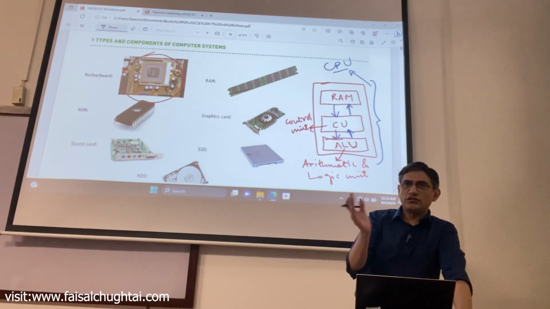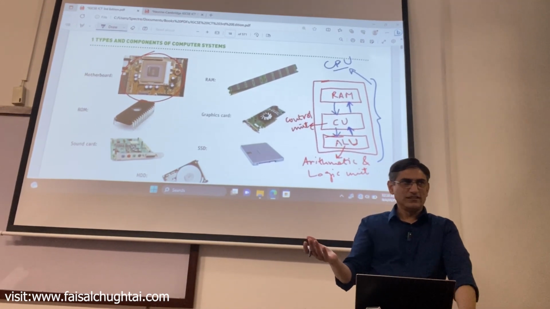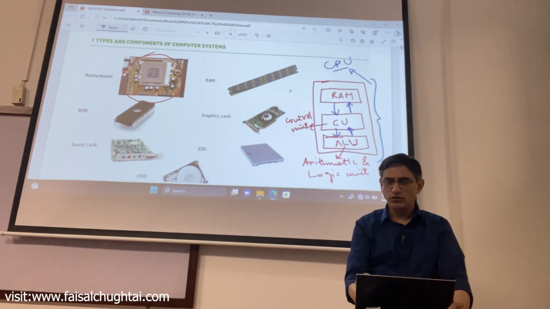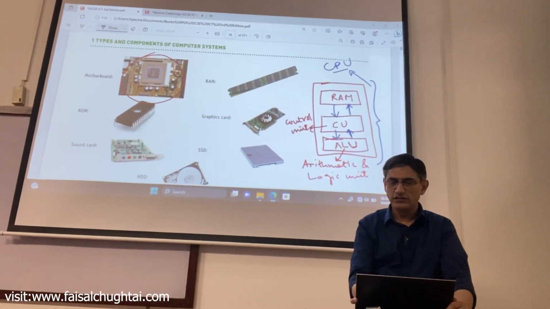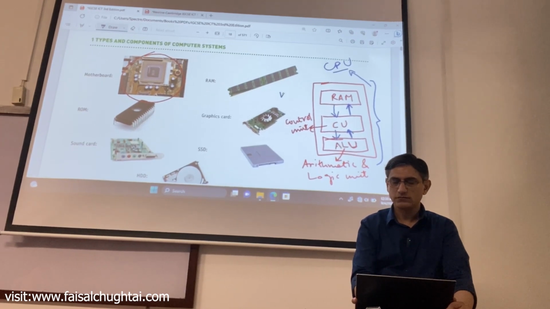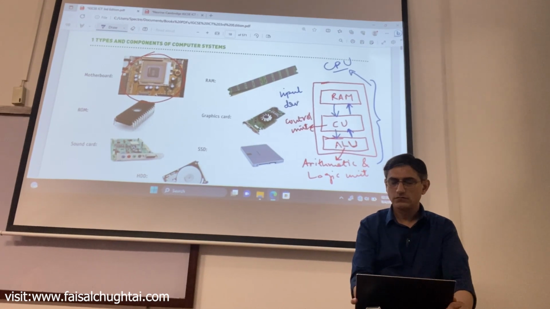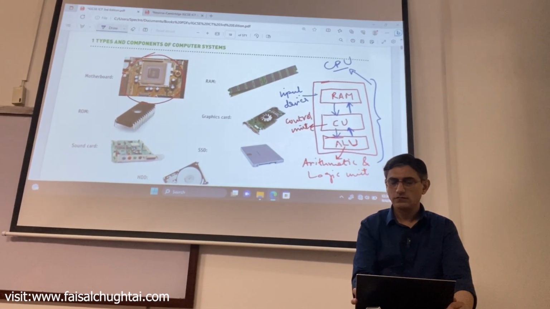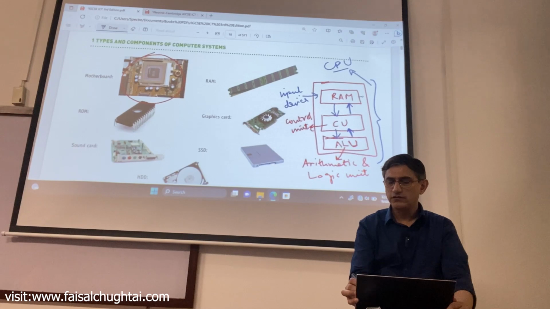On the sides of the CPU, what do we have? On the left of it, we have the input devices, and on the right of it, we have the output devices.